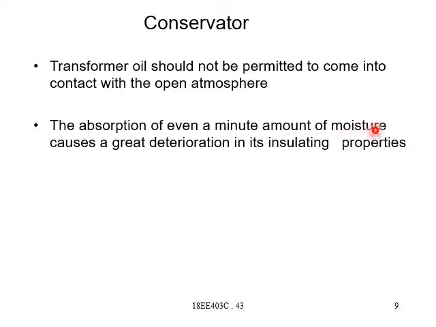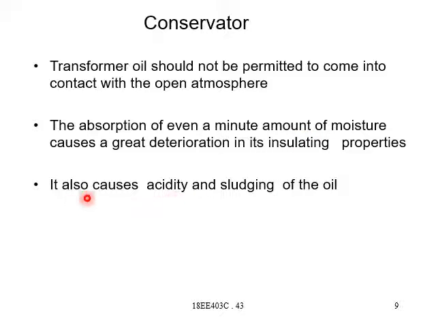When this moisture gets into the oil, the oil deteriorates and loses its insulating property. It also causes acidity and sludging of the oil. That means simply the oil gets polluted.